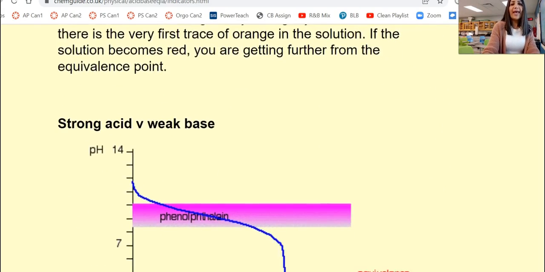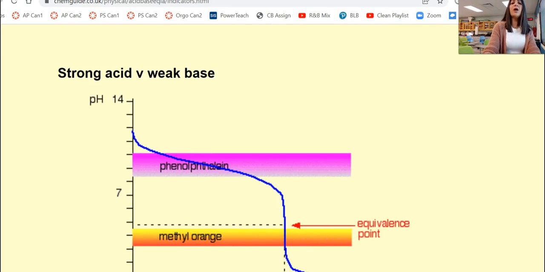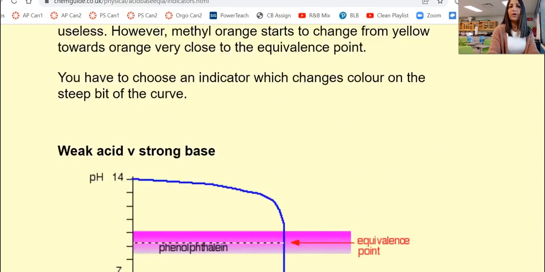So let's take a look at a strong acid versus a weak base. Well, if you do this, you're going to see that phenolphthalein is actually out of that range. We want it where the equivalence point is going to hit. And so you can see here that methyl orange actually does hit in that range where it's steep, okay? And so that's kind of what you're looking for in something like this.